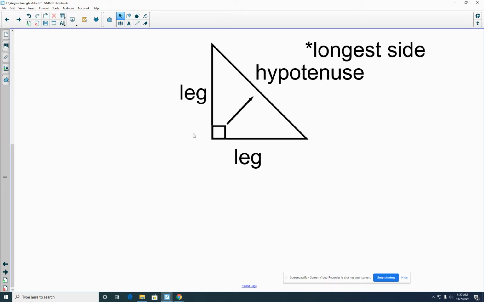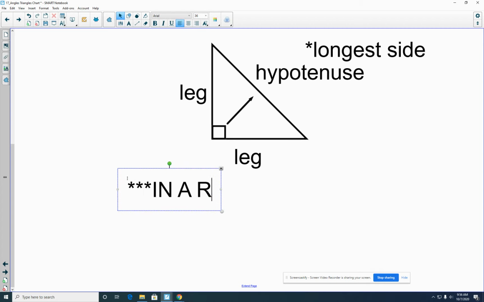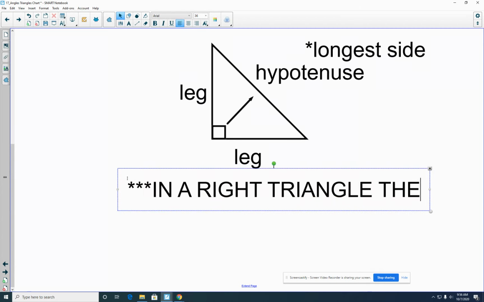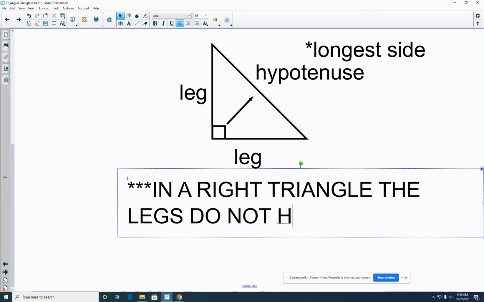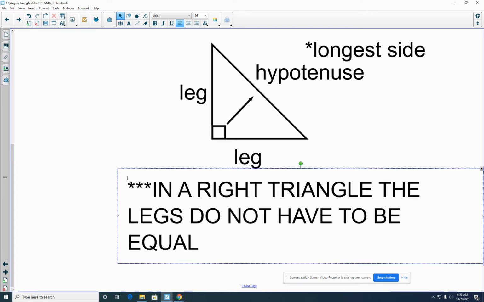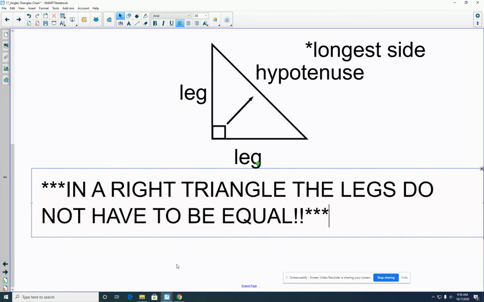Now, it's different because in an isosceles triangle, the legs were equal. But here's the key. In a right triangle, the legs do not have to be equal. They might be, but they don't have to be, okay? That's really, really important to know.